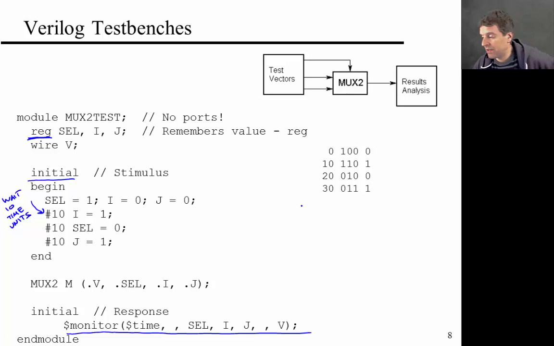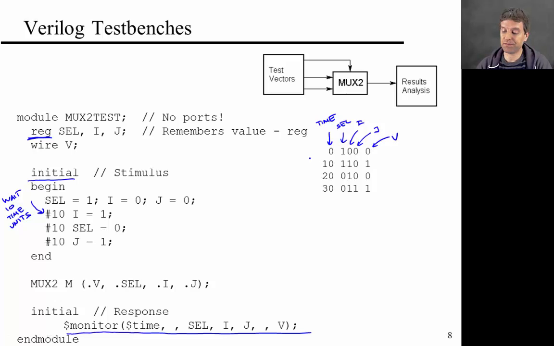And what should you get here? This is showing what the actual result should look like. In this first column, you have the time. Then here you have selection, here you have I, this is J, and this is V. Let's walk through this to see that it all makes sense.